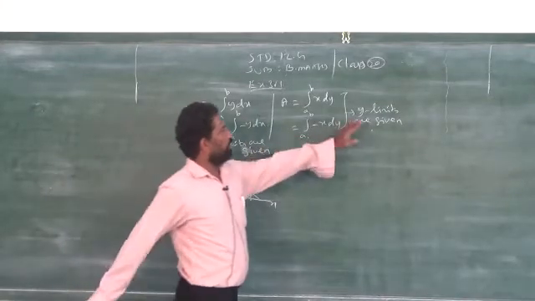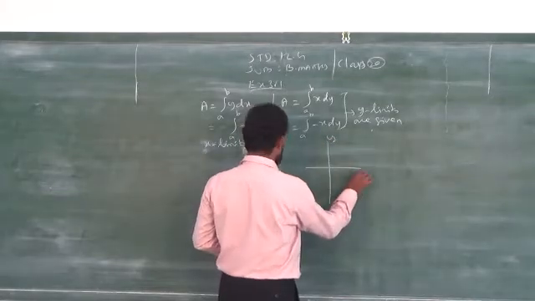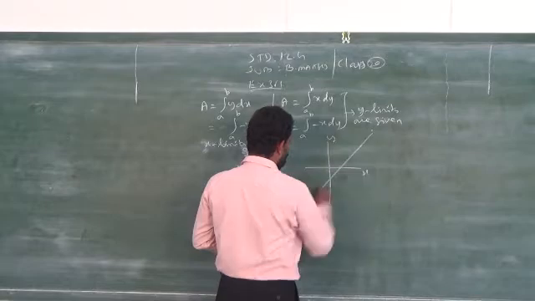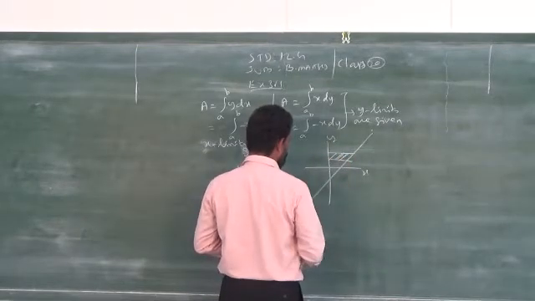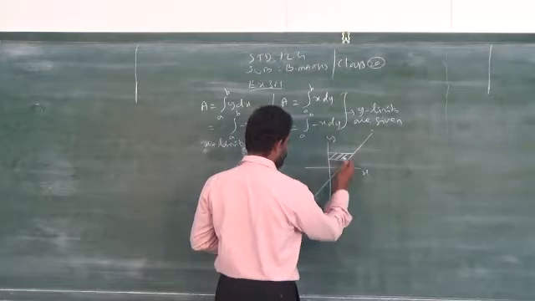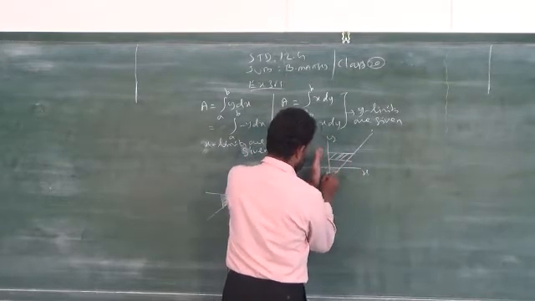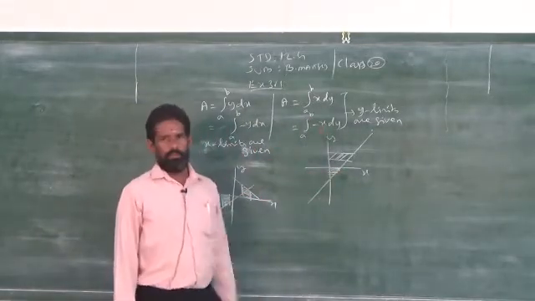Clear? In the same way, for when y limits are given, this is the y axis, this is the x axis. When the y limits are given and you would like to find out the area on the right side, either right side means this side, it may be here also, doesn't matter, take the first formula.